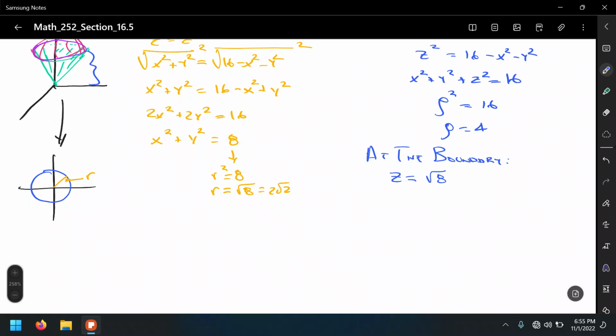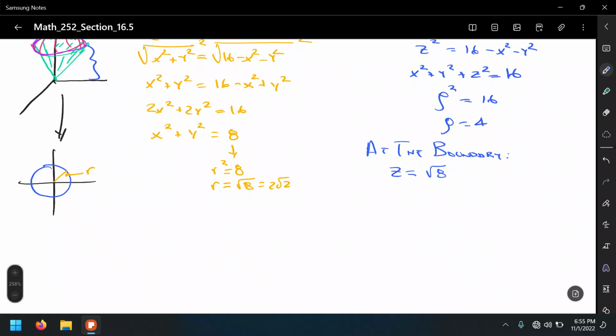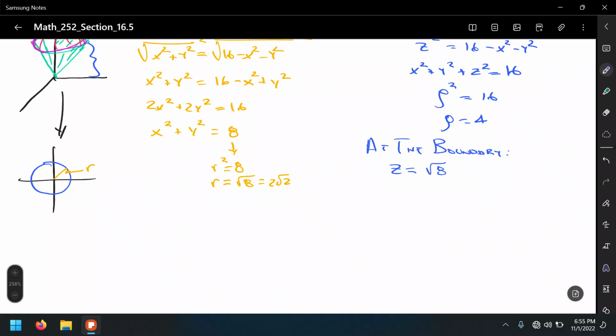In this case, we know from the conversions of coordinates that z equals rho cosine phi. Actually, I said theta, but it's actually phi.